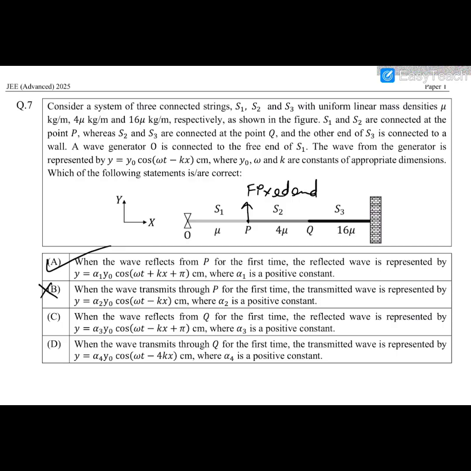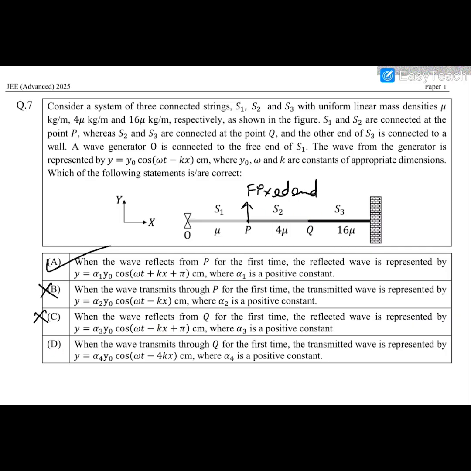Now option C. You can see that when the wave is reflected from Q for the first time, the reflected wave is represented by this equation, where alpha 3 is a positive constant. The reflected wave is going from right to left, so this could not be the correct one, because the signs of omega t and kx should be the same when the wave is traveling from right to left.